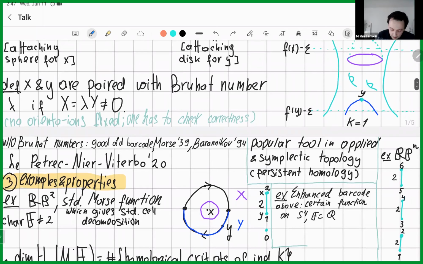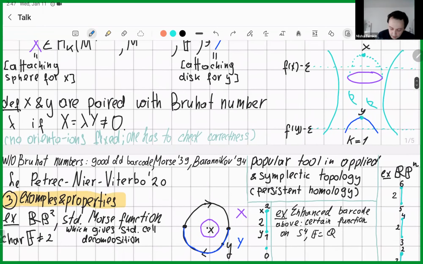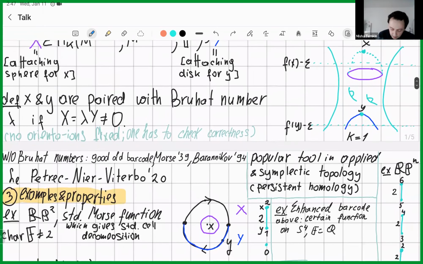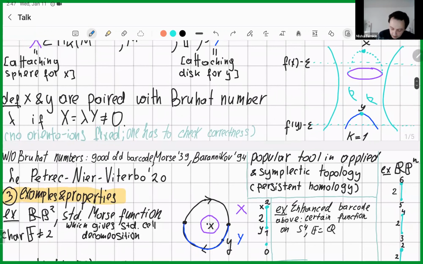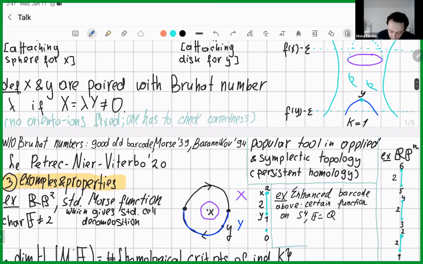So two classes. The attaching sphere for x is a one-dimensional sphere, again drawn in purple. The attaching disk for y is again drawn in blue, and the barcode for the standard function is drawn here. x and y are paired with Brown number 2, because the boundary of the Möbius strip is twice its middle line.